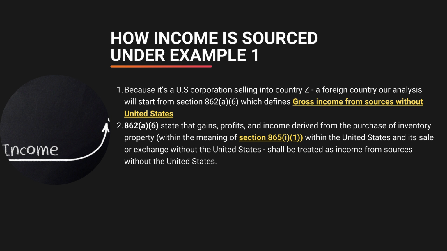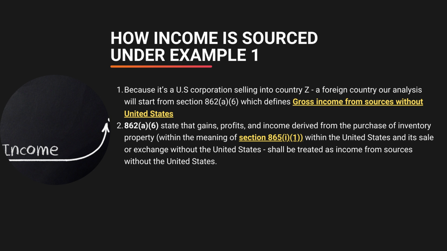So this code, 862(a)(6), talks about the fact that if you have inventory that's produced here in the US and you sell it outside of the US, where the sale took place is where the income is sourced to. So here, then you have what? A foreign source income. So here the US company is going to have a foreign sourced income. It's as simple as that.